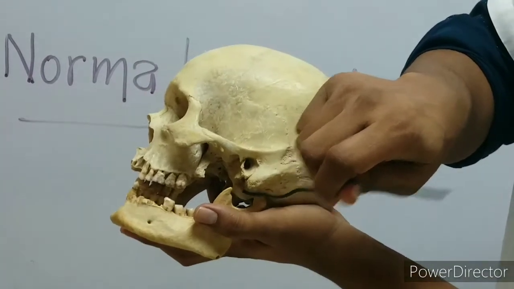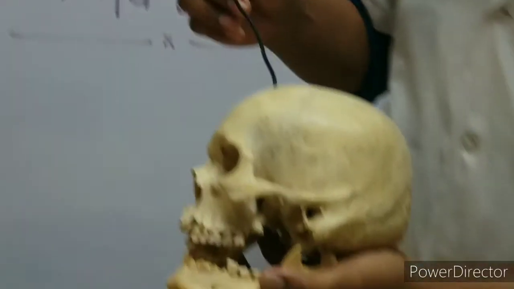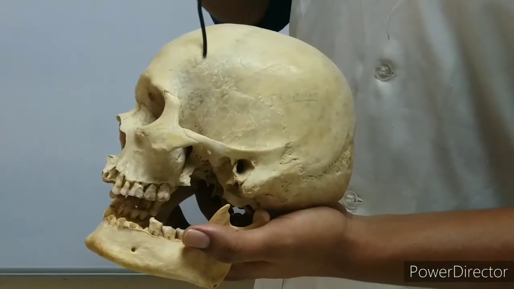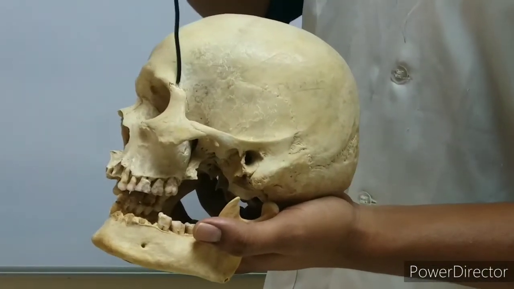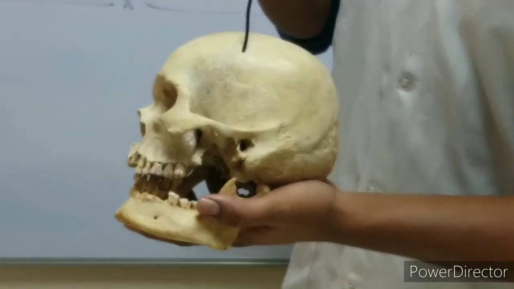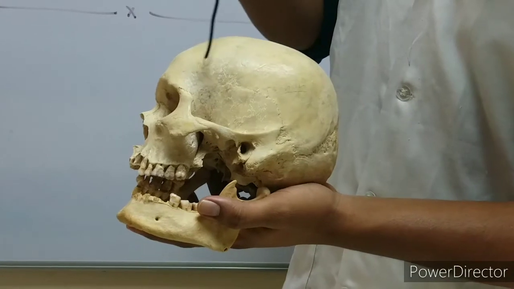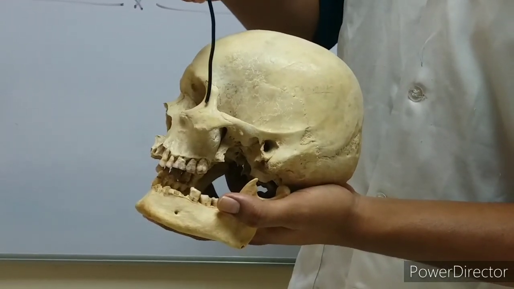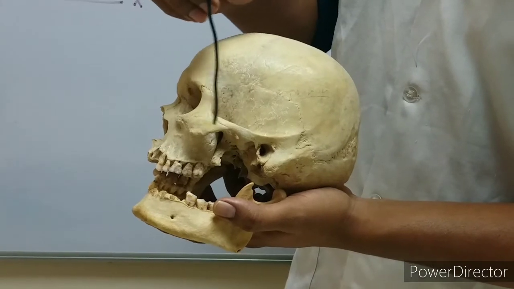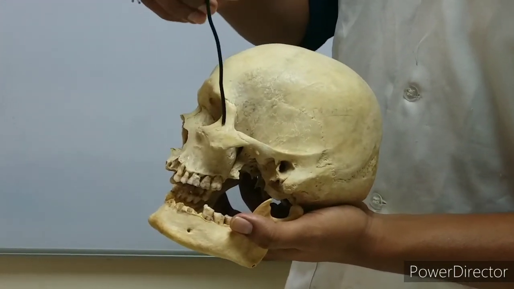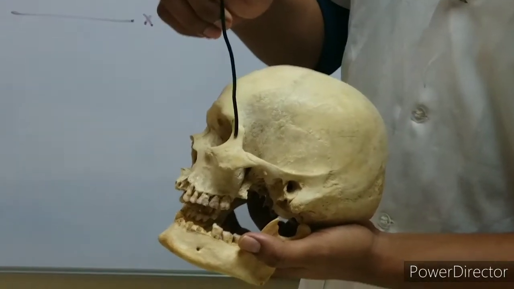So first we will start with the temporal lines. Here these are the temporal lines. Although they are very faint, there is a superior temporal line and an inferior temporal line. This is the zygomatic bone, this is the zygomatic arch, and this is the frontal process of the zygomatic bone.